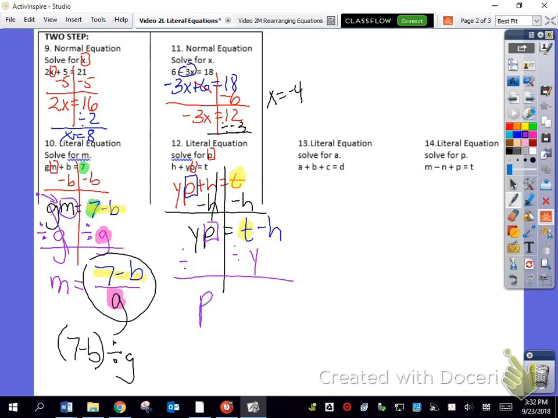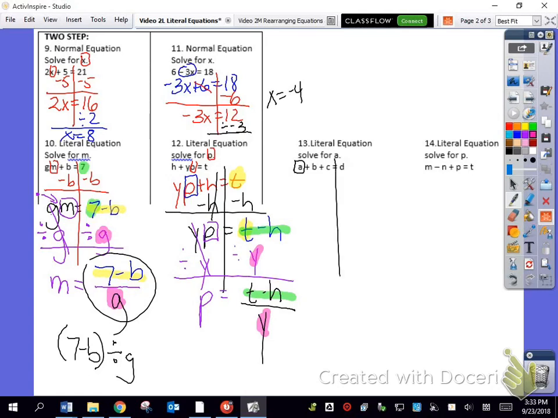So p equals, and I need to draw my division sign, and this whole thing is going to go in the top. So t minus h. And then y is in the bottom, it's behind the division, so it goes on the bottom. And that's your answer.